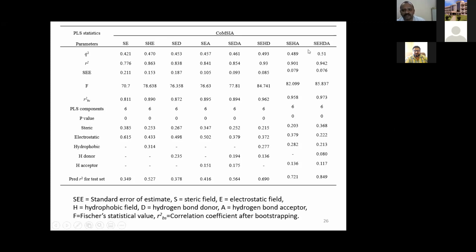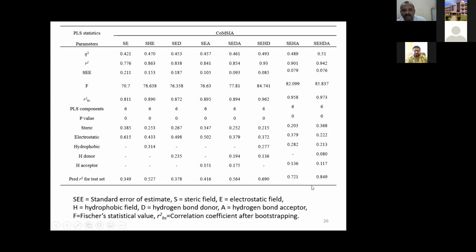But you can see that when all these 5 are taken together, we are finding a better R square value, a better Q square value also, and a better bootstrapped correlation coefficient also. So that is why we see that all the 5 parameters together make a better model, like that.